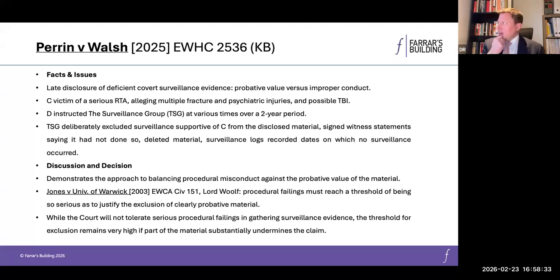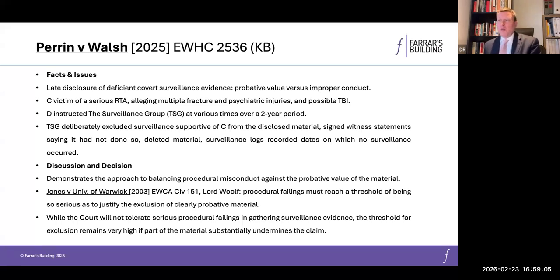So wherein surveillance operatives effectively tricked their way into the house of a claimant and surveyed her there, and thus infringed, obviously, Article 8 rights to private life, etc., etc. And in that case, Lord Justice Walford held that the failings procedurally have got to reach a threshold of being so serious as to justify the exclusion of otherwise probative evidential material.